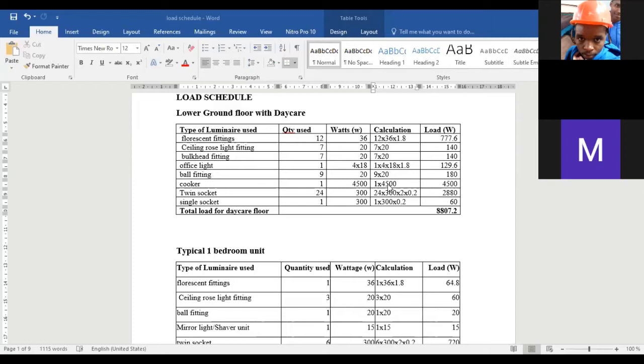So in other words, what we are saying is, you start with the design, you get the design current. Then the size of the breaker should be more than your design current. And then the size of your cable should also be more than your breaker size.